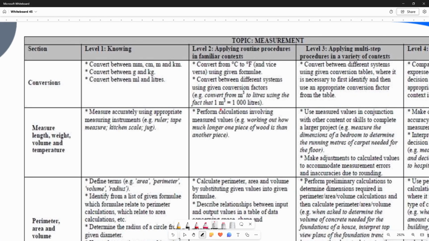We're also looking at how to measure the length, weight, volume, and temperature. We'll also look at how to calculate perimeter, area, and volume. So like I've said, we will need to go to the exam guidelines, then we can be able to see these things.